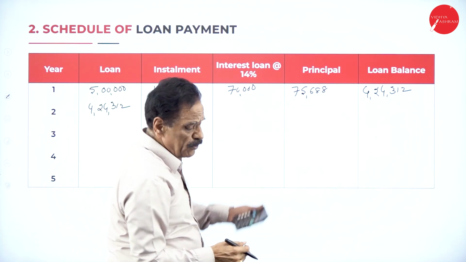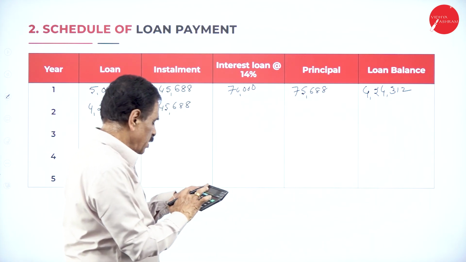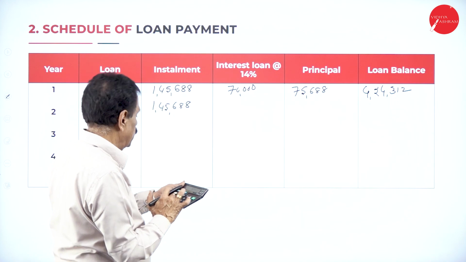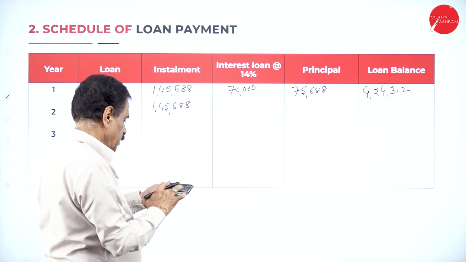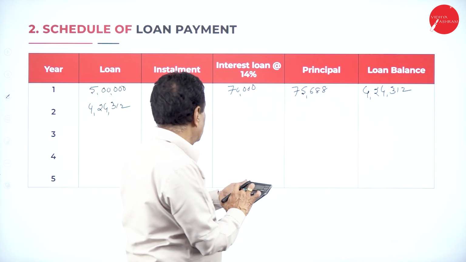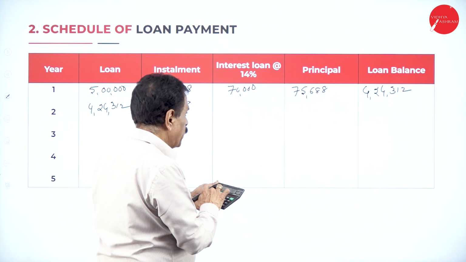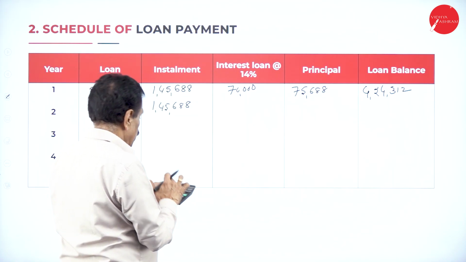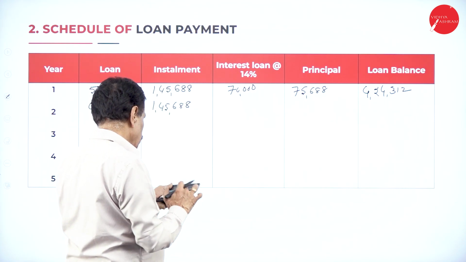Interest on this amount: 4,24,312 into 14 divided by 100.